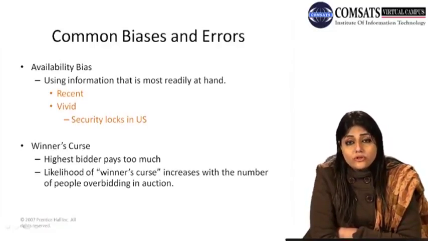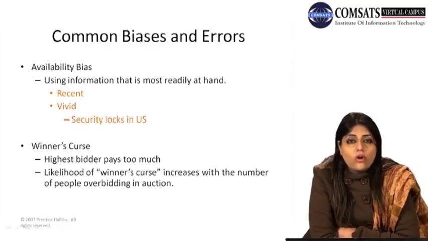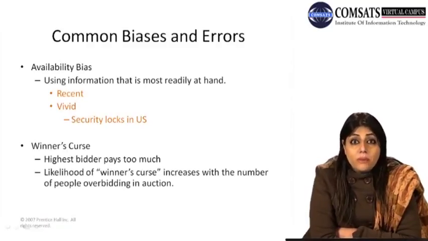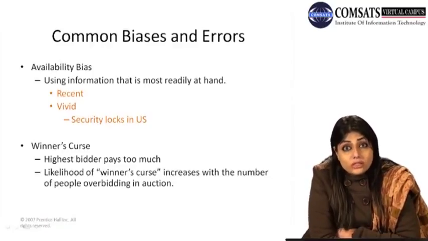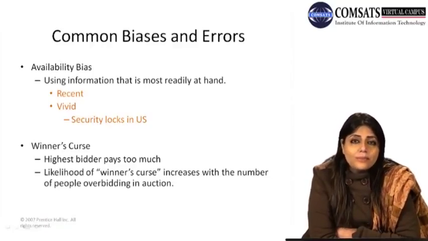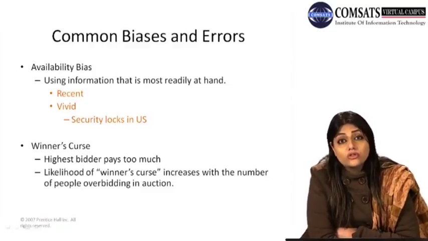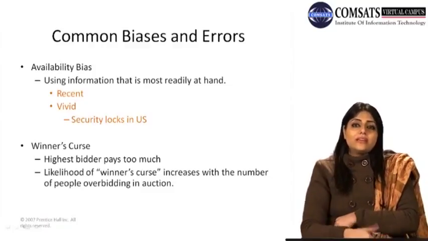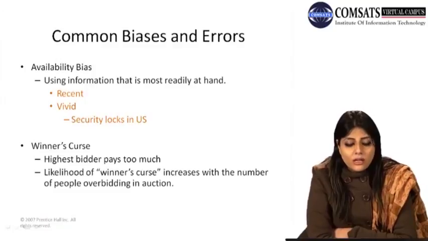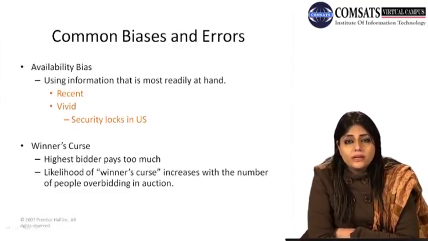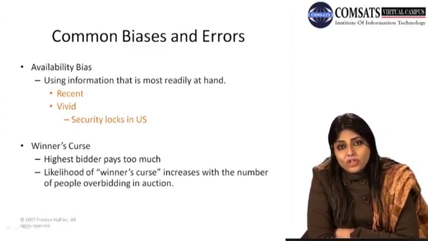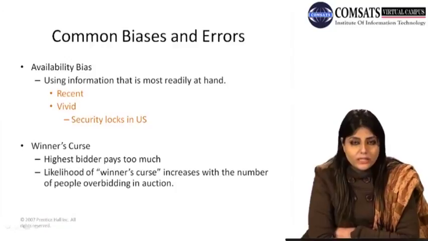I explained this concept to you earlier as well, in which I explained how the demand for security locks has increased in the US, despite the fact that the security situation has improved. Still, because of the advertisements of the security lock companies, their sales have tremendously increased because of the information given by the company and the people seeing those advertisements, and because of the availability bias that is created.